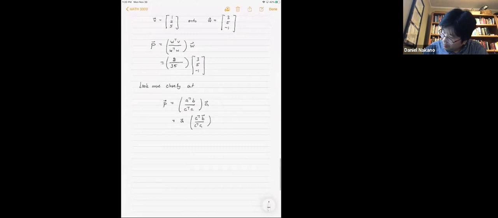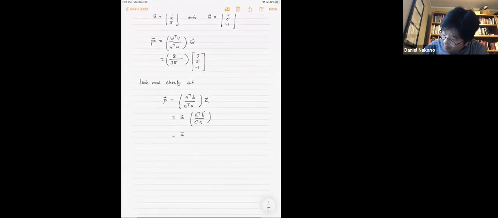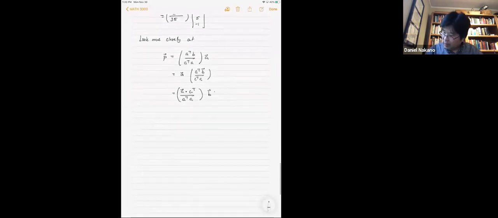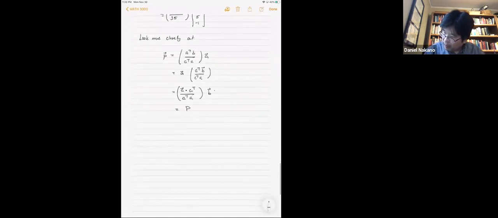So I can write A times A transpose over A transpose A, times B. And this matrix here is called P. So P, which is A A transpose over A transpose A, is what's called a projection matrix.